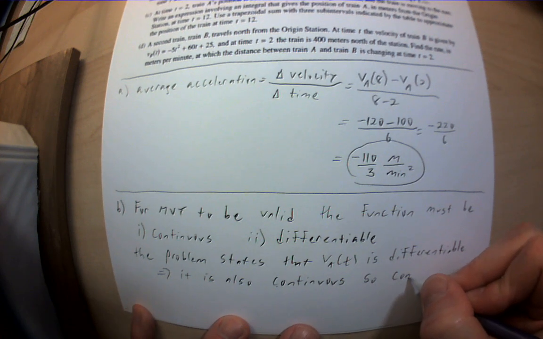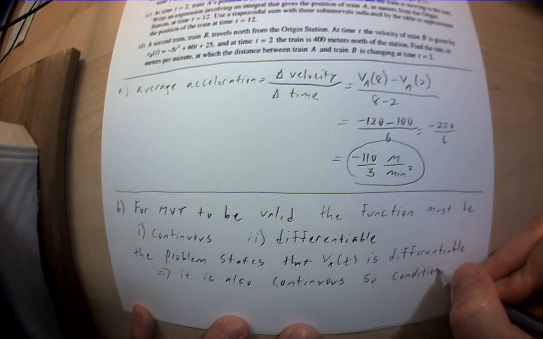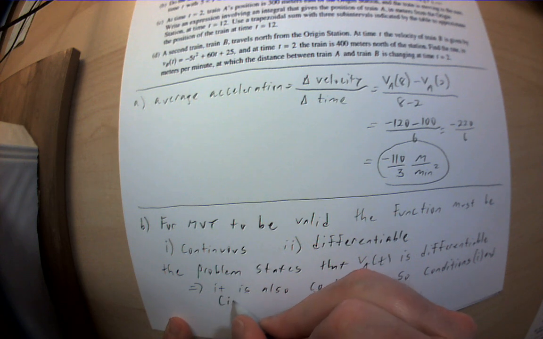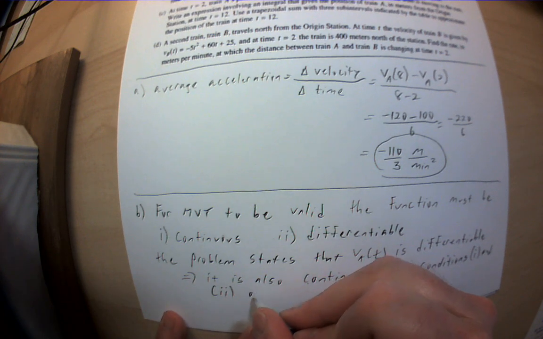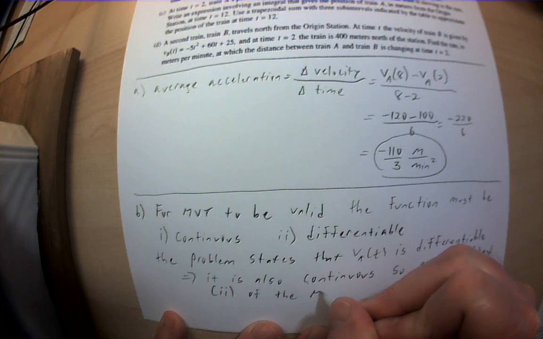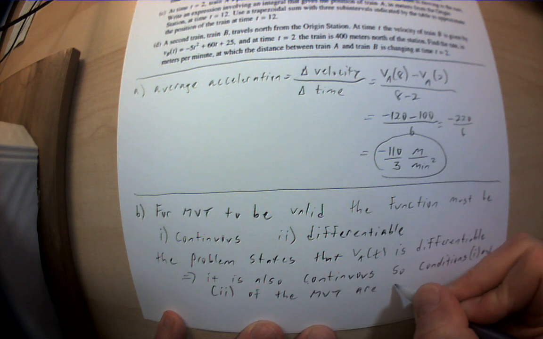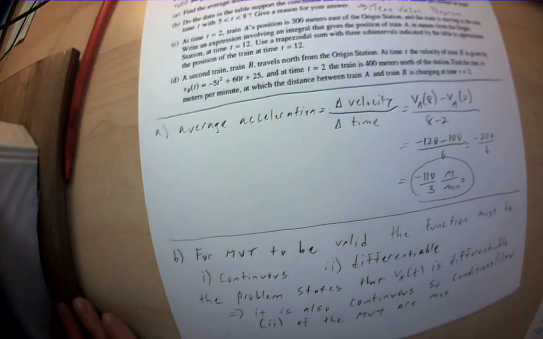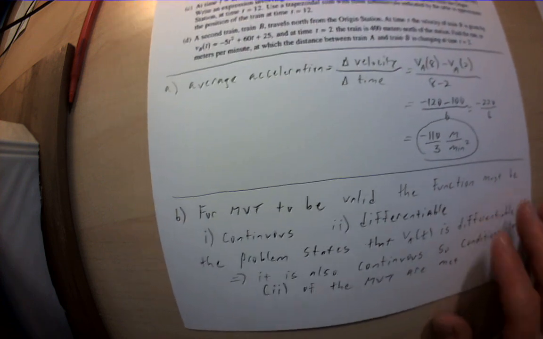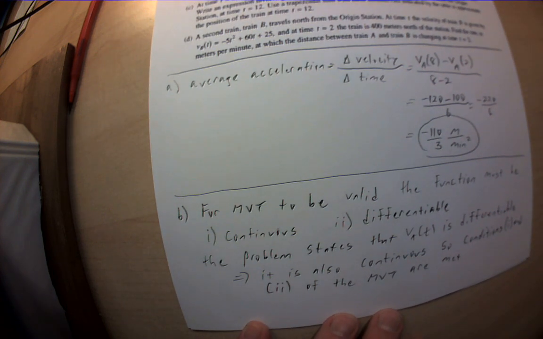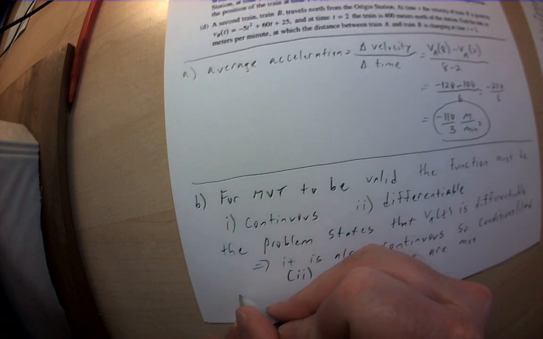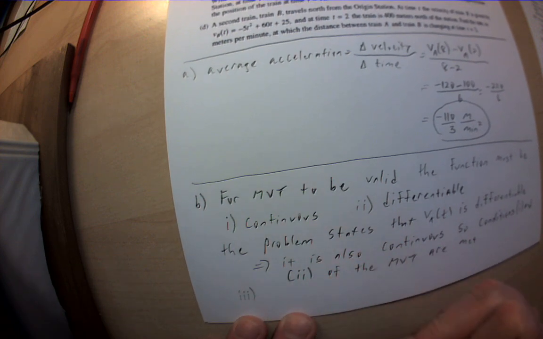So conditions 1 and 2 of the MVT are met. Okay? So those are the first two conditions of the mean value theorem. I'll slide this down, give myself a little bit of room. All right, I am going to run out of paper here. I shouldn't have been so cocky. So the third condition, 1, 2, 3.